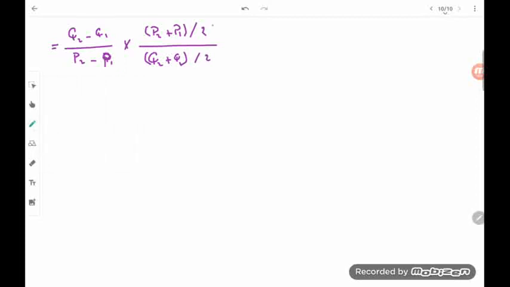The 2 divided by 2 and divided by 2 are going to cancel each other. So the final form will be Q2 minus Q1 divided by P2 minus P1 multiplied by P2 plus P1 divided by Q2 plus Q1. So this is the rule for arc elasticity, which means that we have two different prices and two different quantities.